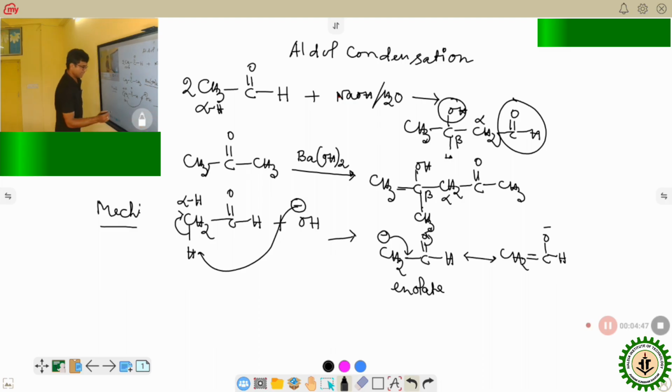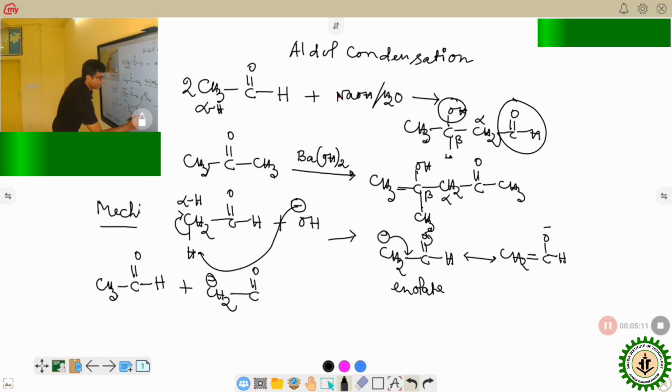The second step is that these enolates react with another molecule of aldehyde, that is, this nucleophilic carbon attacks this carbonyl carbon to form an adduct.